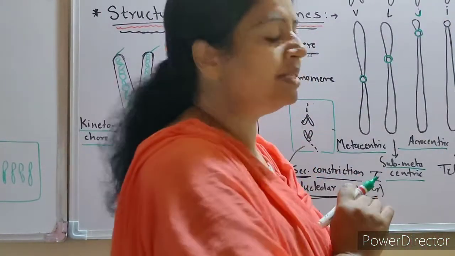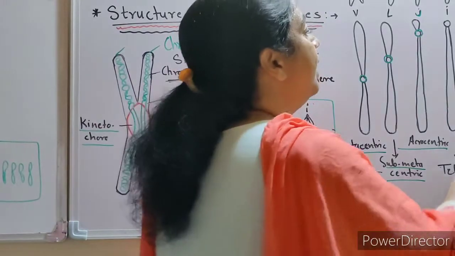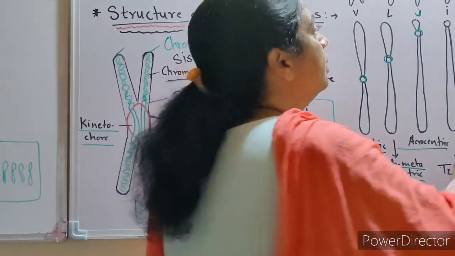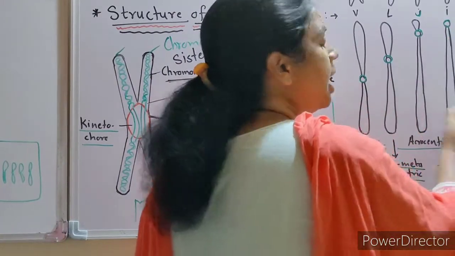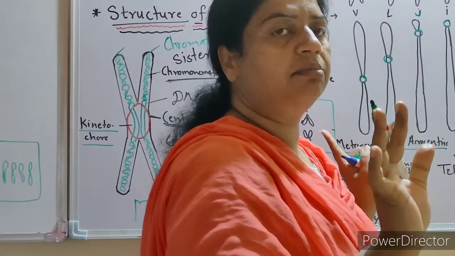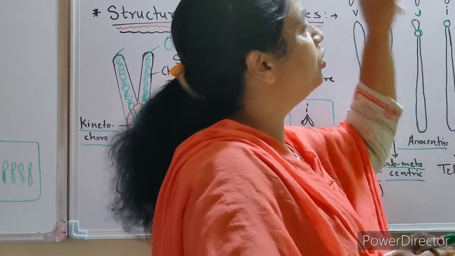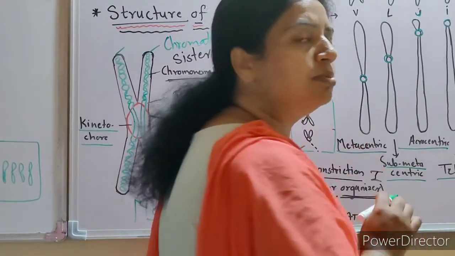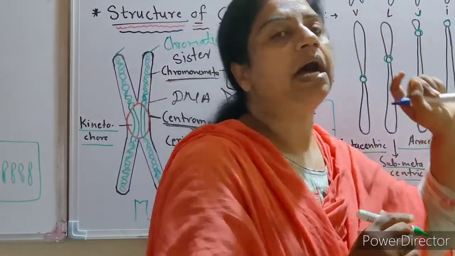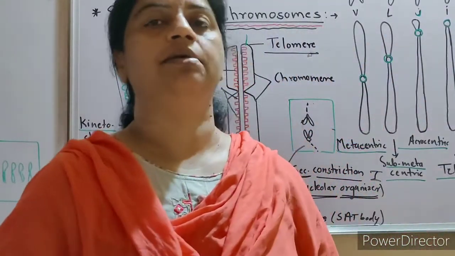What shape do you see? J-shaped. And the last type, when the chromosome has a centromere and only one arm, a single arm, and the other arm is absent. The centromere is present at the tip, so it is called a telocentric chromosome, and it becomes I-shaped during anaphase.